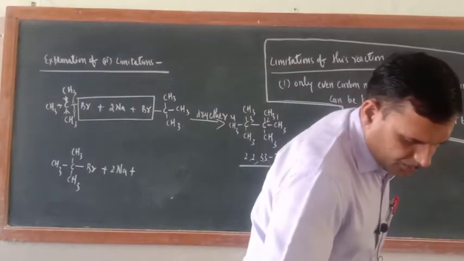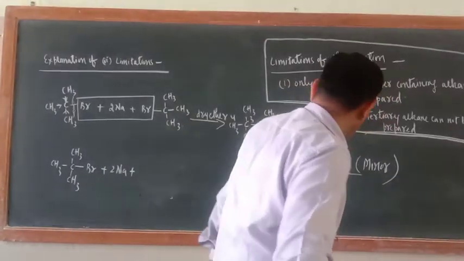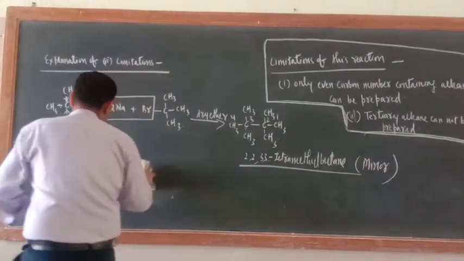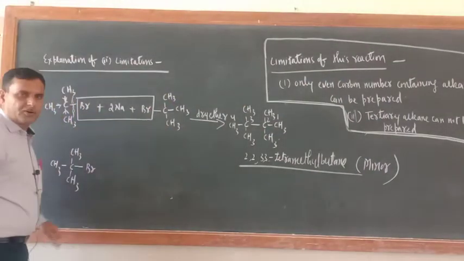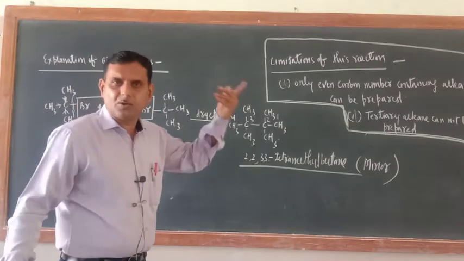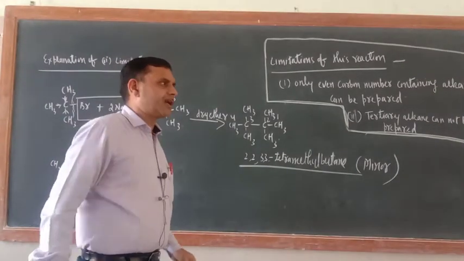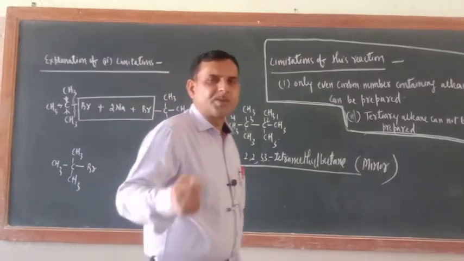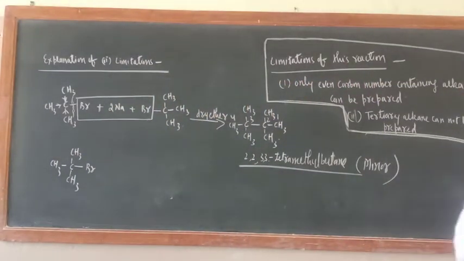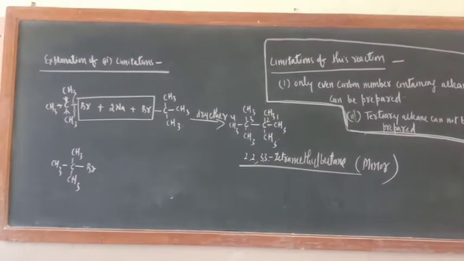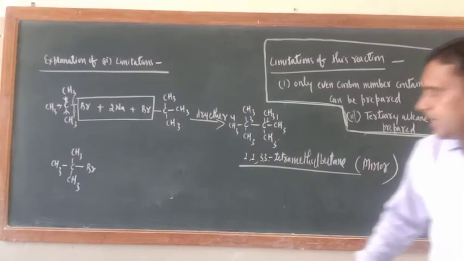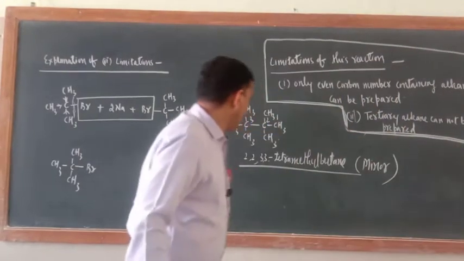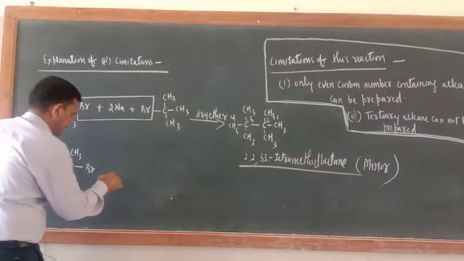Now you will ask, sir, you told that dehydrohalogenation takes place in the presence of alcoholic KOH. So what is alcoholic KOH?